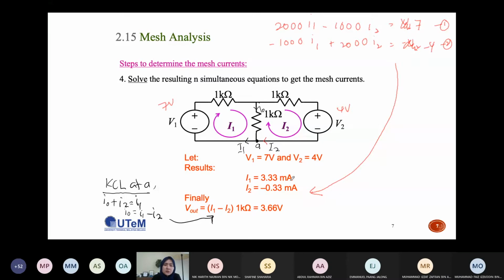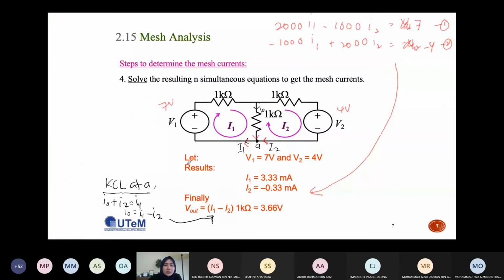So if you want to calculate for the mesh current I1 and I2, this is how. But if you want to calculate I naught, for example, I naught is over here. I naught is in between I1 and also I2. So how to calculate I naught? If you use KCL over here, for example, this is node A, this is the current direction.